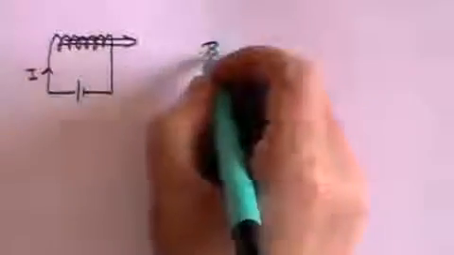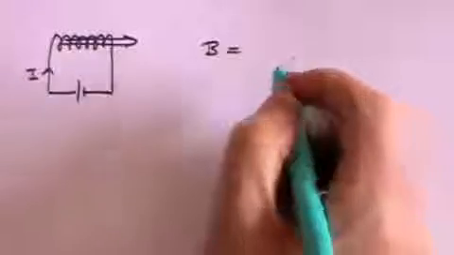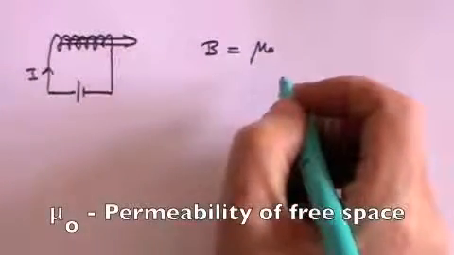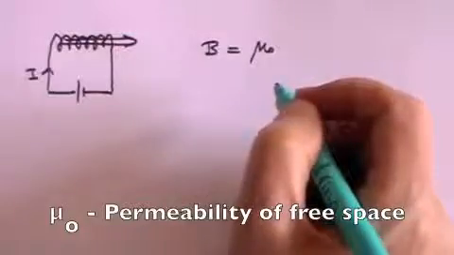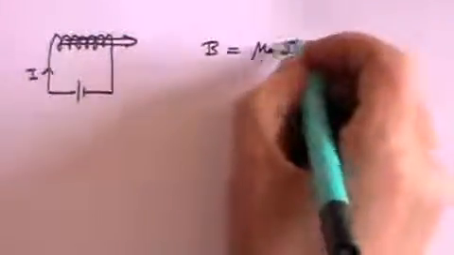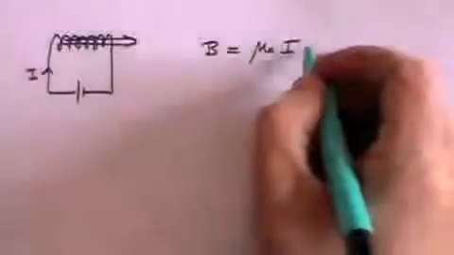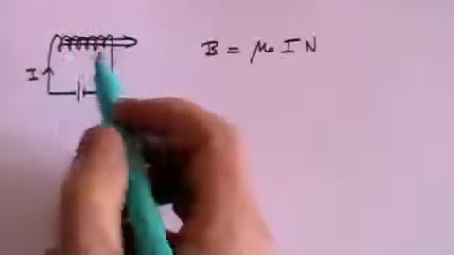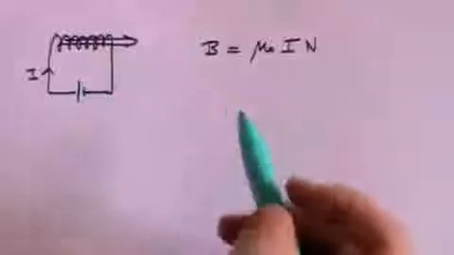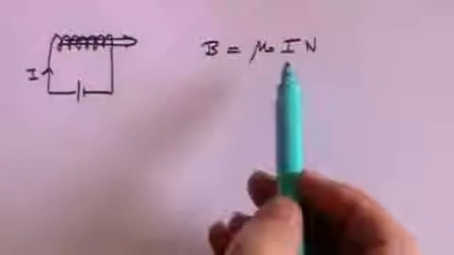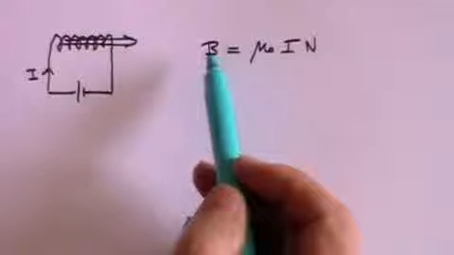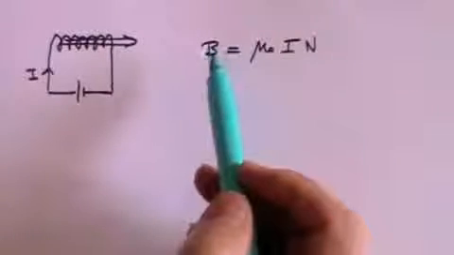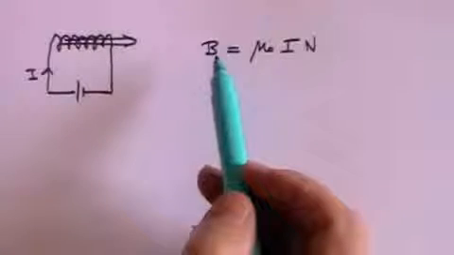And the magnetic field strength, which is B, is equal to mu0, the permeability of free space, multiplied by the current going through the wire, multiplied by the number of turns in the solenoid. So you can see from that if you change the current, you change the magnetic field. If the current is steady, then the magnetic field will be steady.